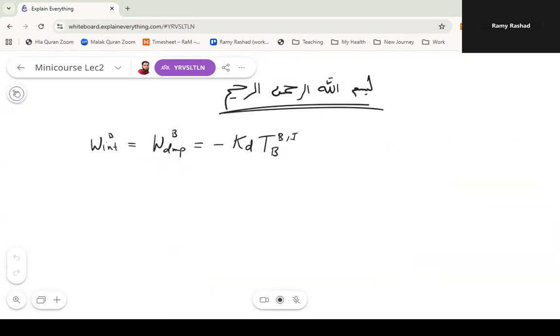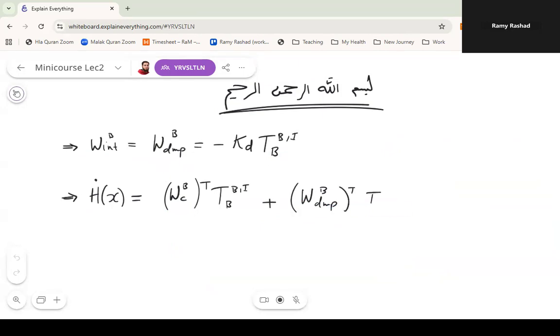And then if you go back to the original equation that we had, my claim is that nothing will change, except for the following. H dot, the total energy, was equal to the controller wrench paired with the twist, plus the interaction, which is now the damping part, paired with the twist again.